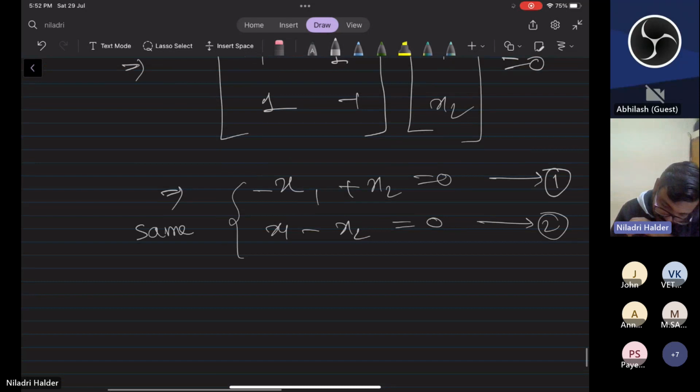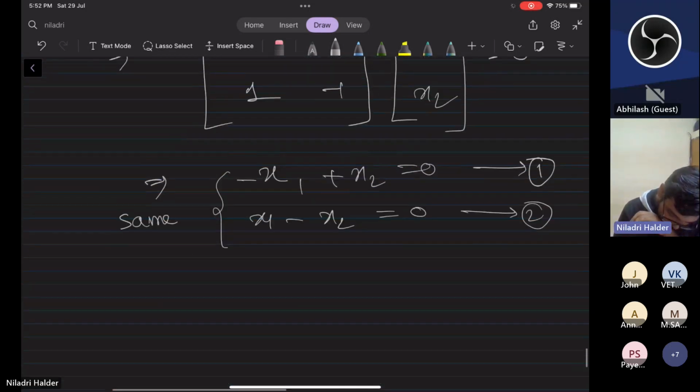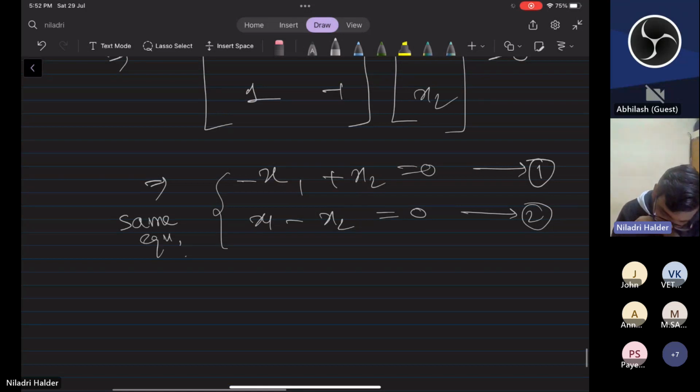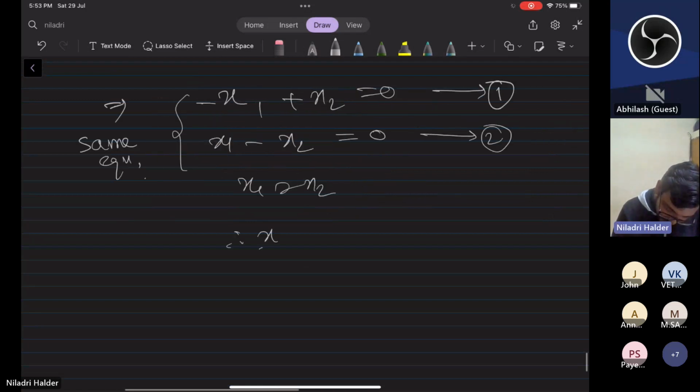These two are the same equation, a redundant equation, so we can write one equation: x1 equals x2. So x equals c times 1, 1.